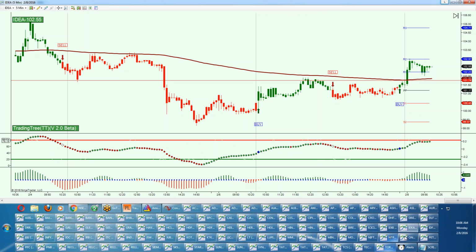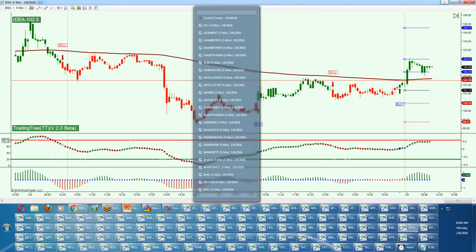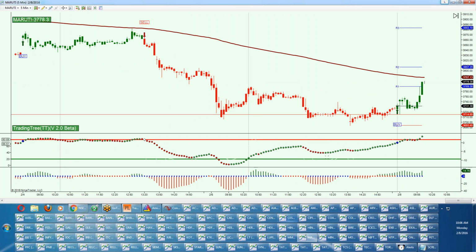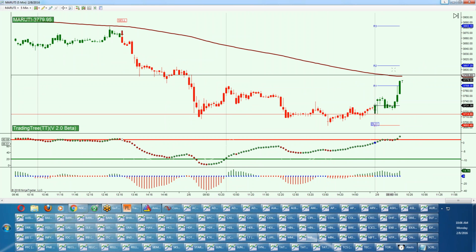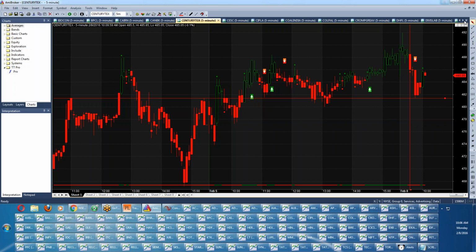Let's check on Maruti. So there you go. It's already done its first profit. Want me to check that in this Ammyy broker? You can even check it here.